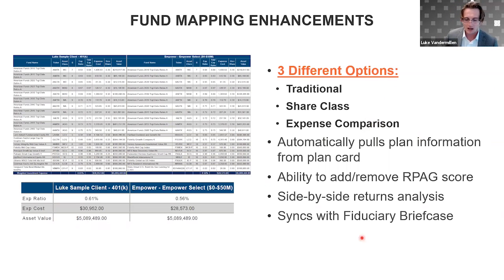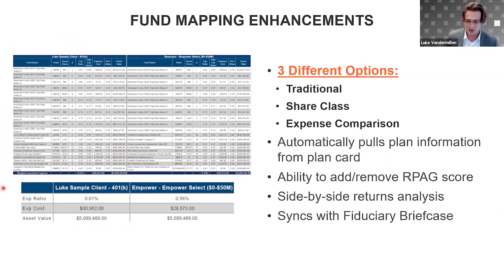But on the left-hand side here, you can see a quick example of our fund mapping report. Essentially, what this report does is it's a great way for you as the advisor to quantify your value to either a prospect or a current client. And what I mean by that is, if you squint your eyes a little bit here for me, you can see on the left-hand side, this would be a client's current fund lineup.